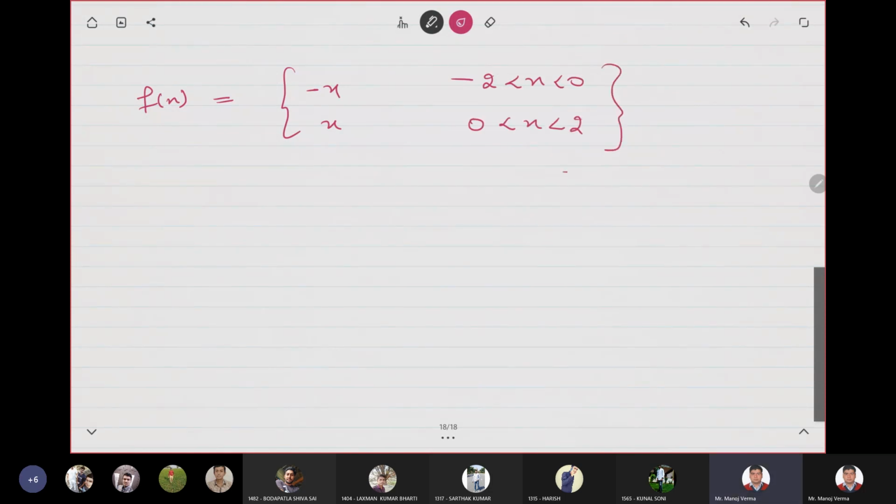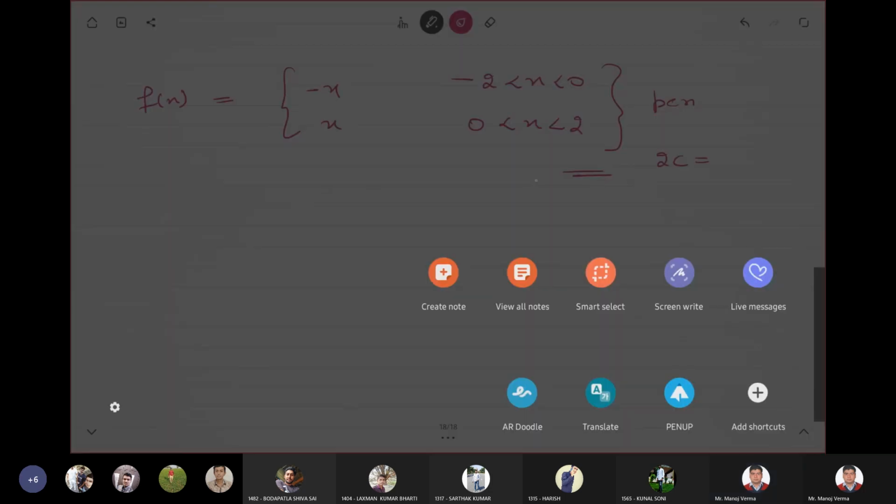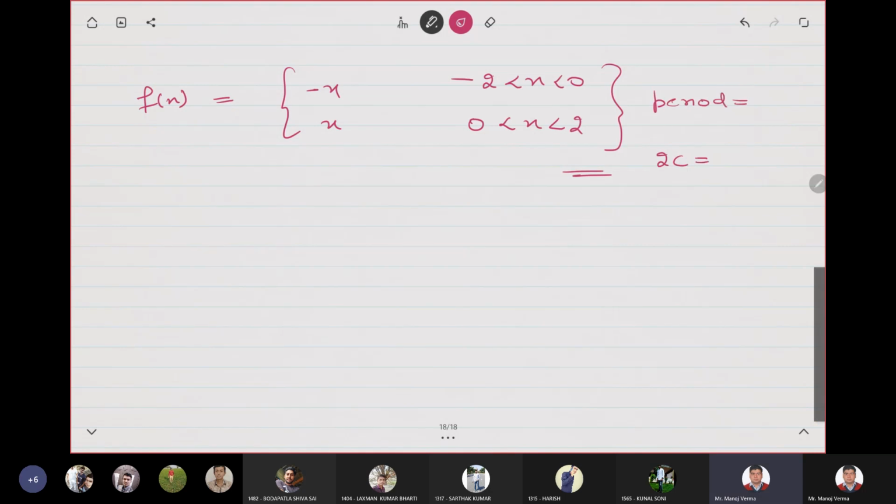Now you can see in this case your period is equal to 4, it's not 2 pi, and the value of 2c is equal to 4, so the c value is equal to 2.